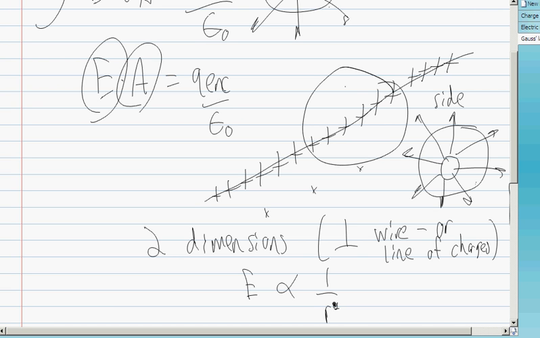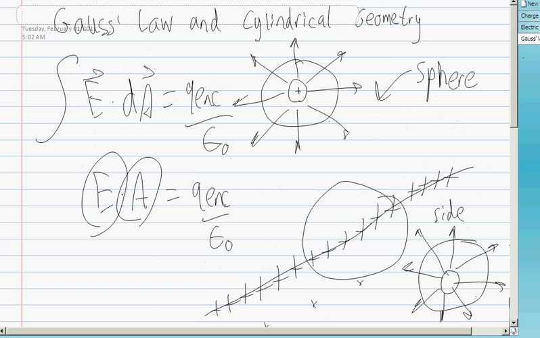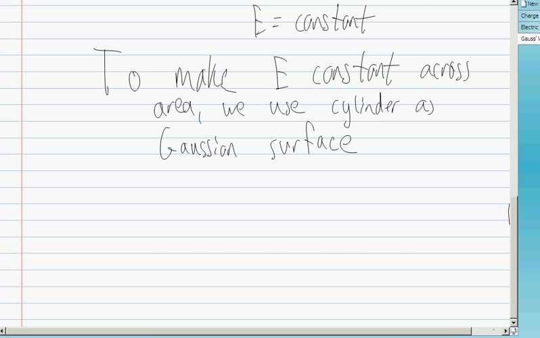In this direction, it would be constant. But in this direction, it wouldn't be constant, because this part's closer, this part's farther, this part's the farthest away. So I wouldn't be able to turn my integral of E dot dA into just E times A. That's the big advantage of using this cylinder as a Gaussian surface.